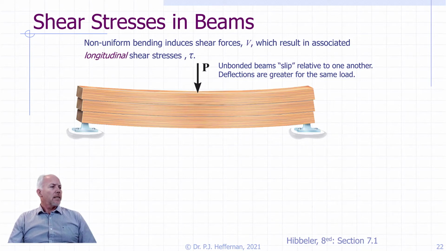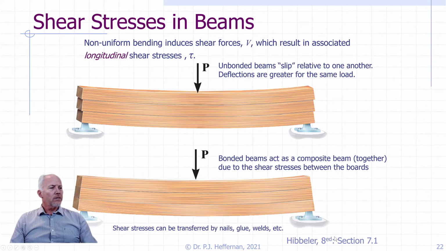So if we do bond them together, we get this nice composite behavior. We note that our plane sections remain plane. We have a single beam, but to do that, we need to achieve sufficient resistance across those cross sections, with nails, glues, welds. It doesn't really matter what it is. Independently, how much less is it able to resist?